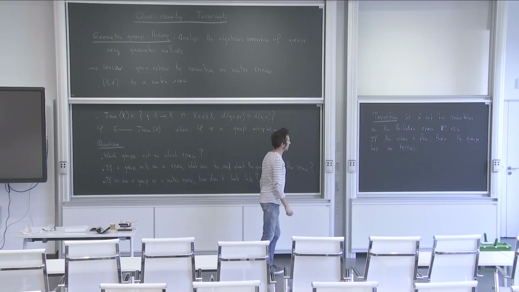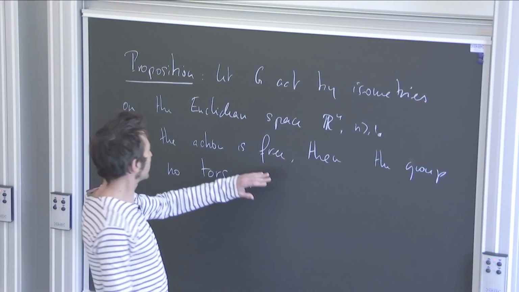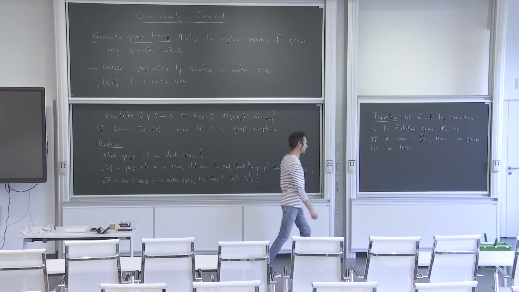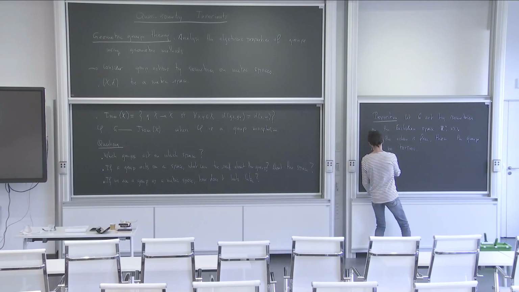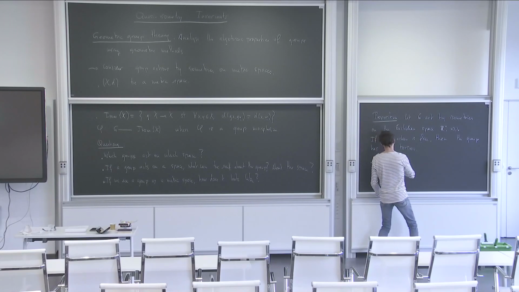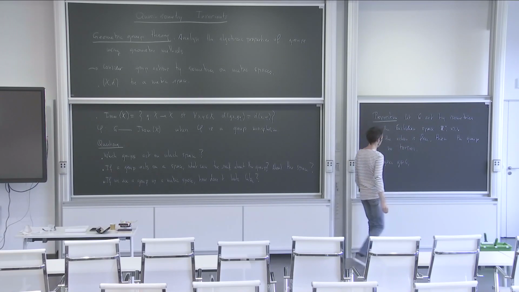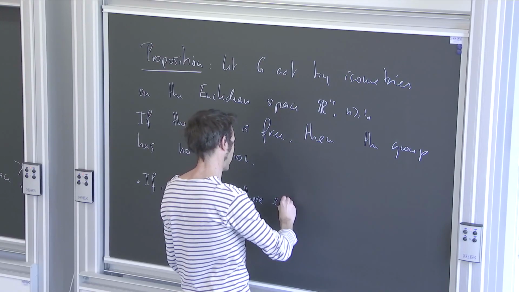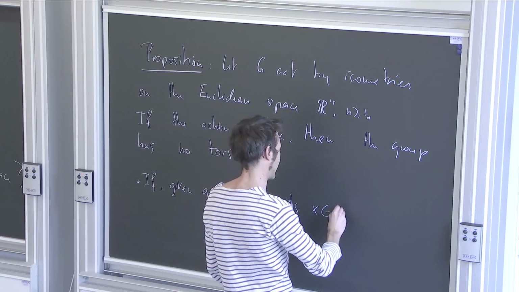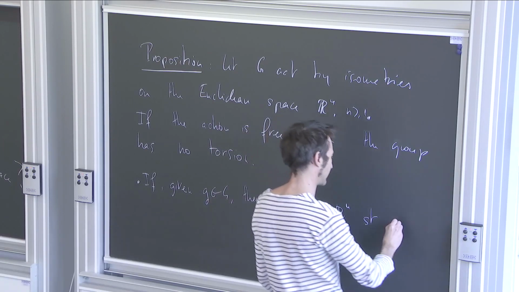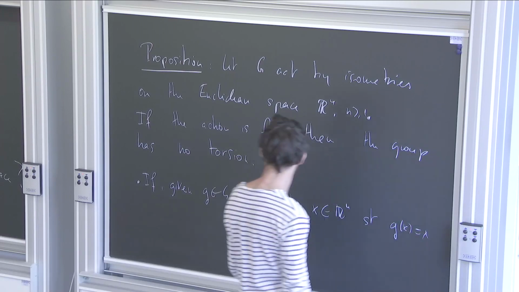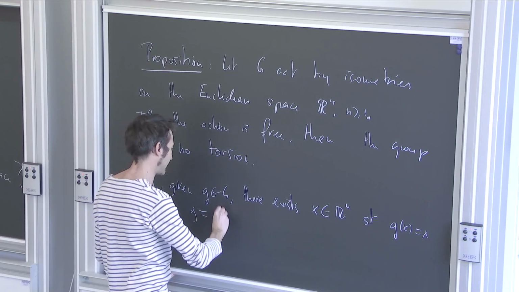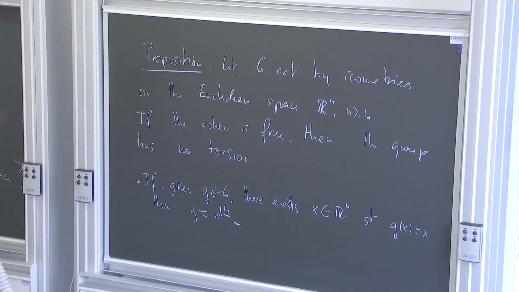So maybe I should remind you what it means to have a free action. A free action means that given an element g of my group, if there exists a point x in R^n such that g(x) is equal to x, then this means that g acts like the identity mapping. Okay?